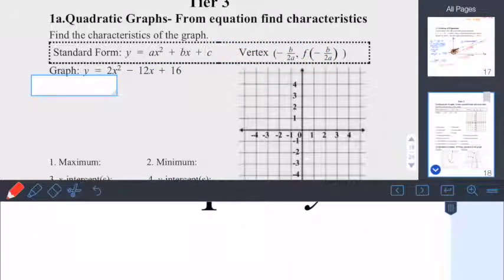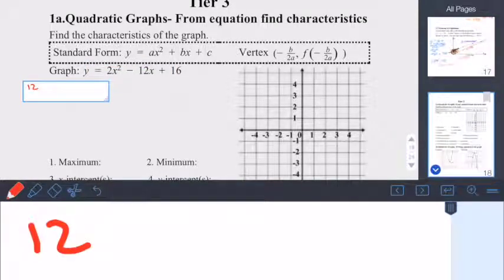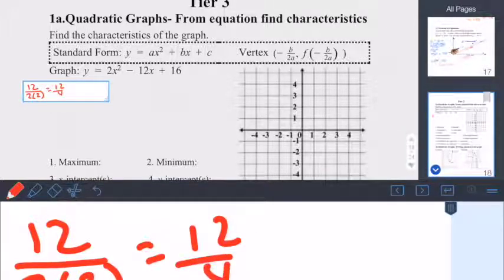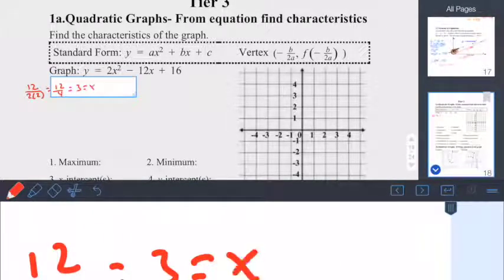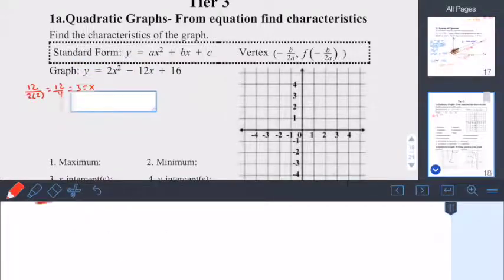So we have negative b, well b is already negative, so negative b, 12, over 2 times a, which is 2. So 12 over 4, 3. So our x value is 3, and we'll plug that in to find our y value.